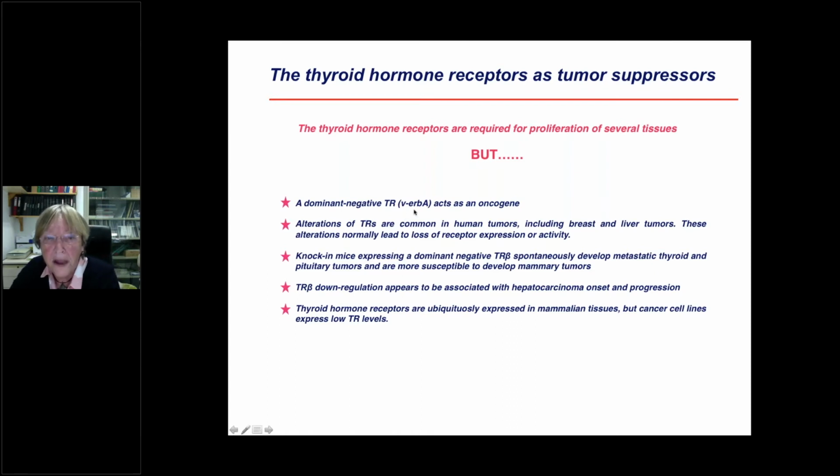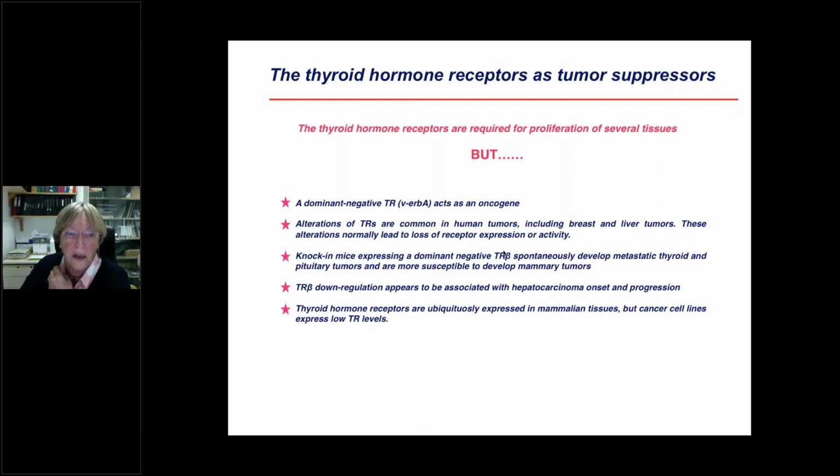This oncogene induces leukemia in birds, and when expressed, for instance, in mice, induces formation of hepatocarcinoma. There are also alterations of the thyroid hormone receptor genes that are rather common in human tumors, including breast and liver tumors, that I will talk about today. And these alterations normally lead to loss of receptor expression or activity.